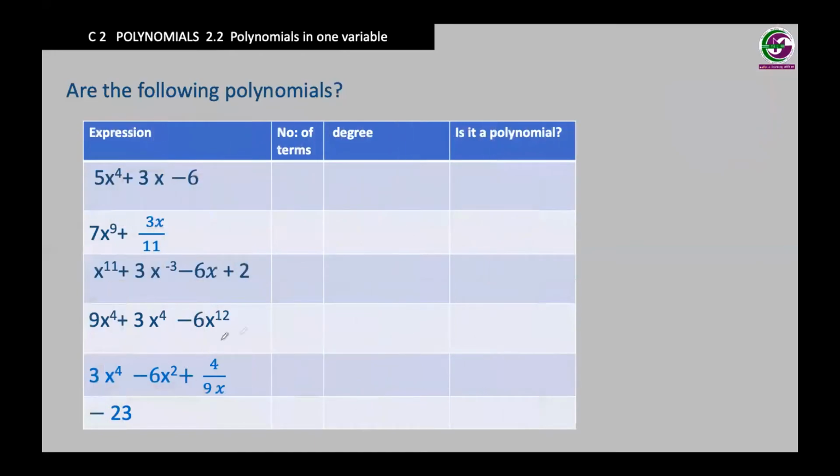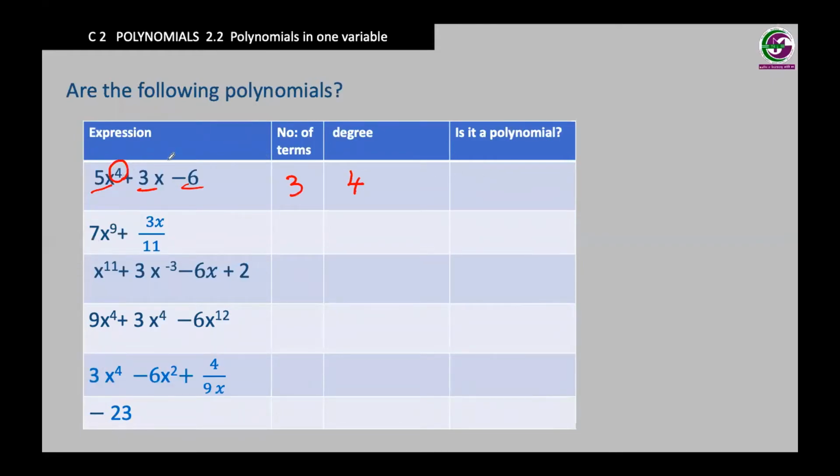Okay. Now, are the following polynomials? First of all, we have to see how many terms there are. Here, first term, second term, third term. So 3 terms. What is the degree? Highest power. The highest power is 4, so the degree is 4. Is it a polynomial? For that, we just have to see the power of the variables.